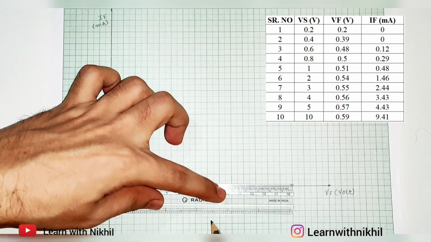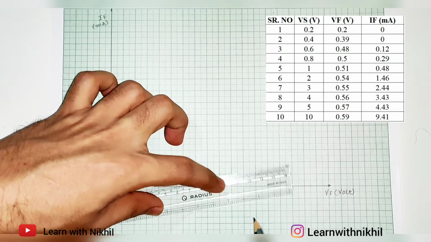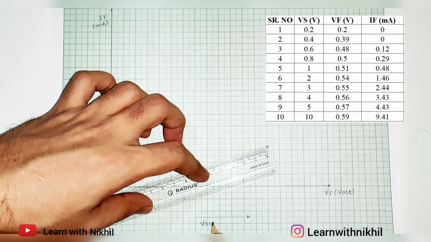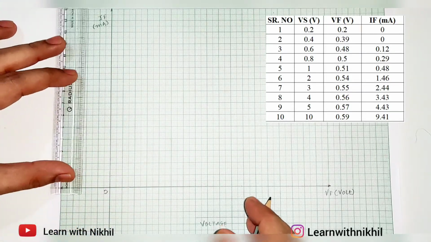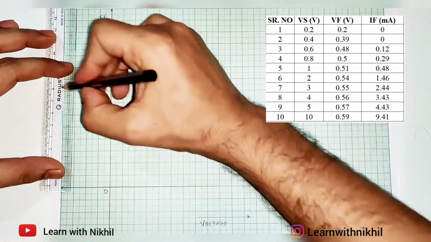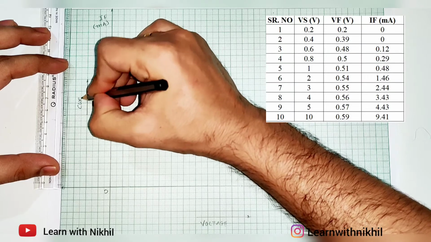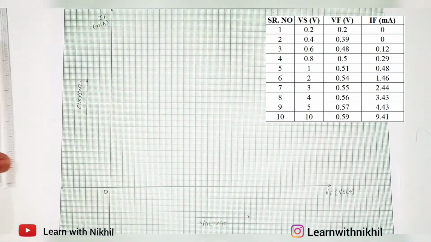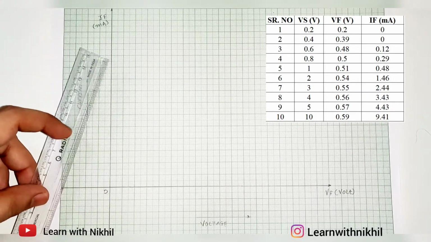Other notations you have to mark, it will just make your graph look more lively. So in this direction the voltage will increase on x-axis, and in this direction the current will increase on y-axis. So forward current, forward voltage.